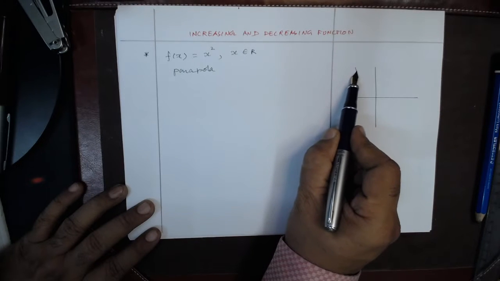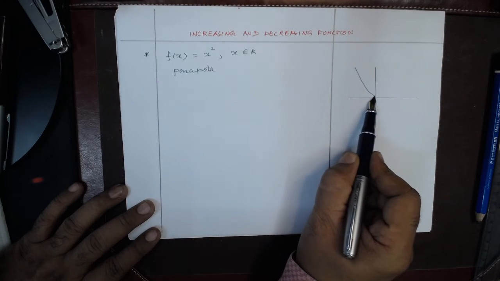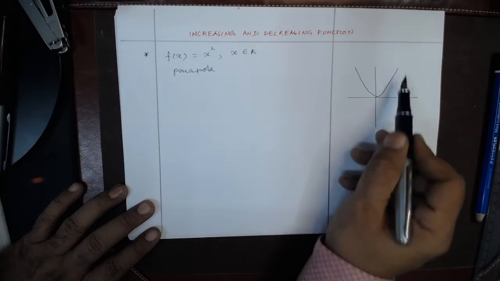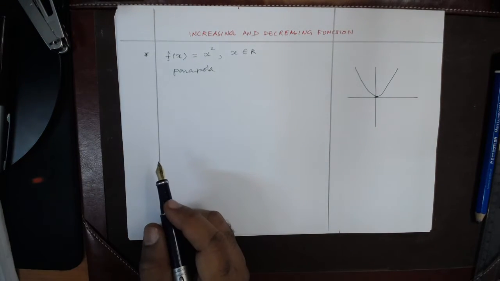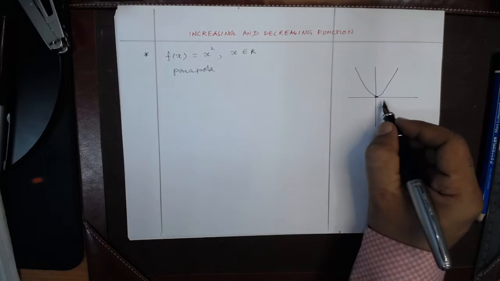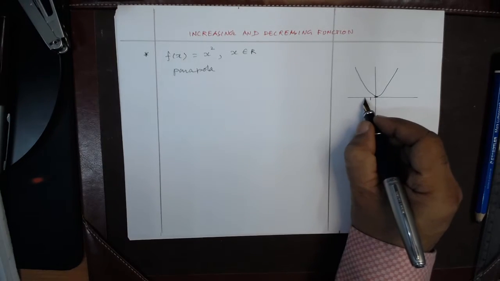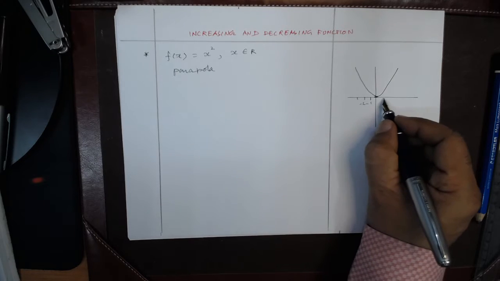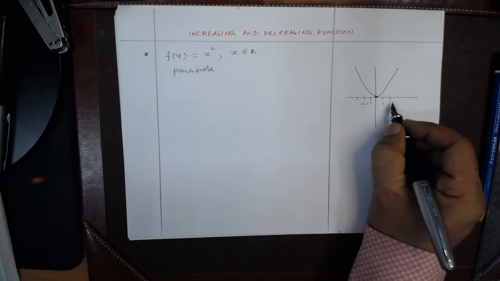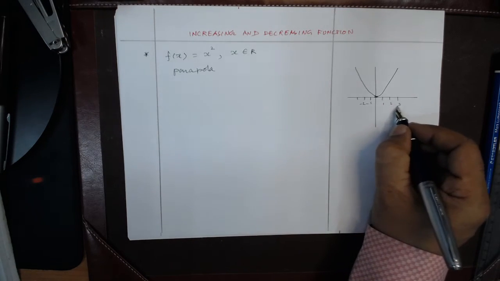Here it will be decreasing and here it will be increasing. In fact, it should touch the point (0, 0). On one side we have -1, -2, -3, etc. On the other side we have +1, +2, +3, etc.